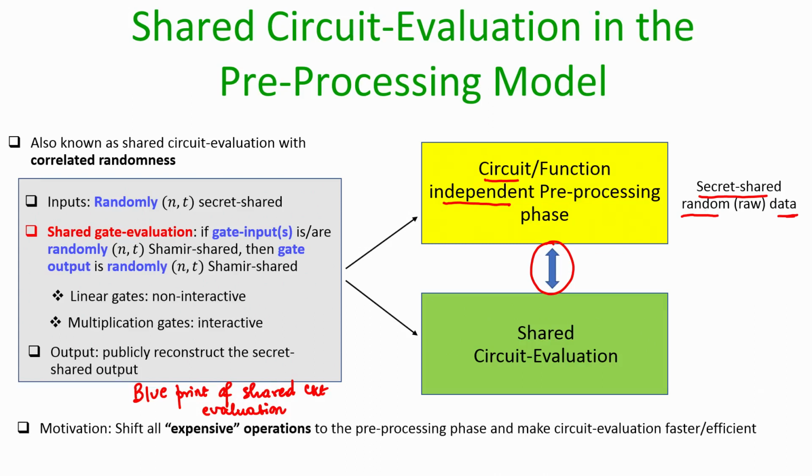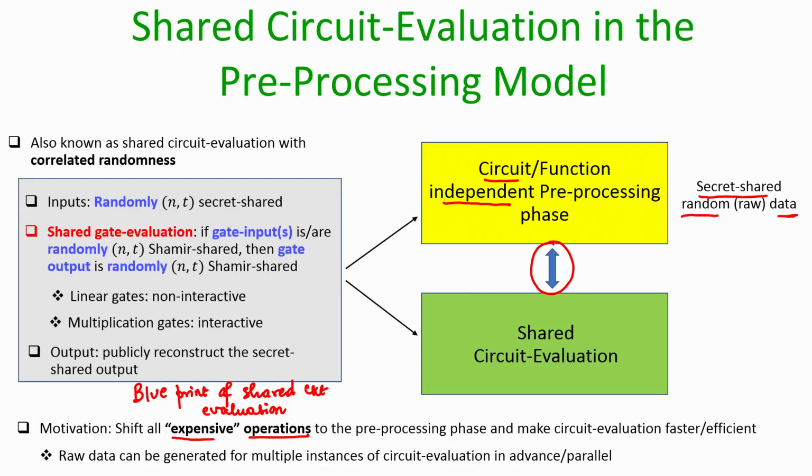The main motivation behind splitting shared circuit evaluation into these two independent stages is the following. We would like to shift all the expensive operations, meaning those which require an enormous amount of communication and computation, to the pre-processing phase, with the hope that the circuit evaluation becomes faster.